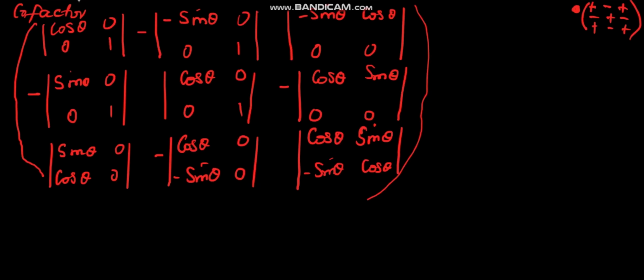Then we start calculating the determinant of each single 2 by 2 matrix that we have there. The determinant of this one here is just going to be cos theta. Then the determinant of this matrix here is going to be positive sine theta.